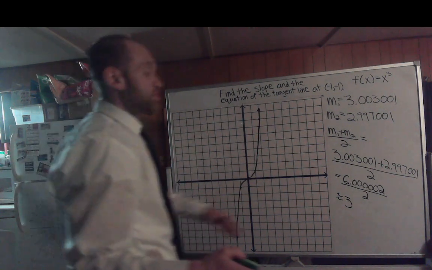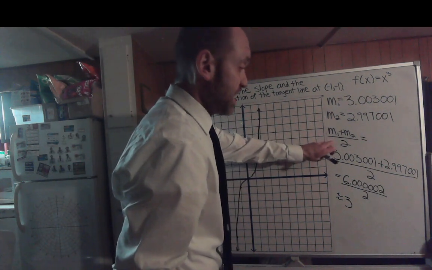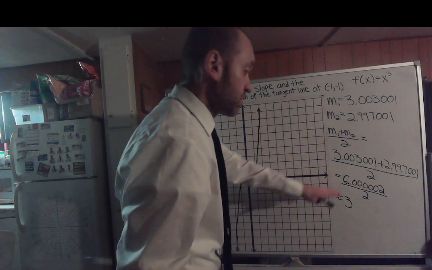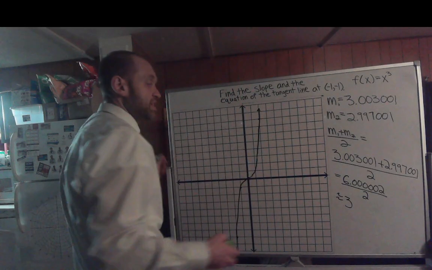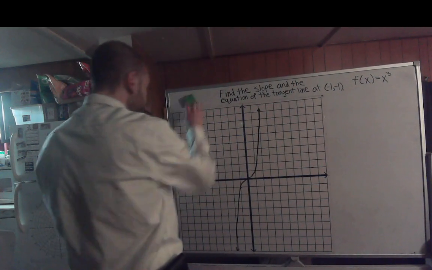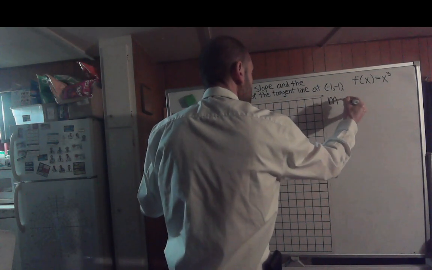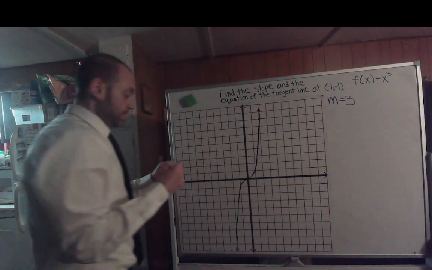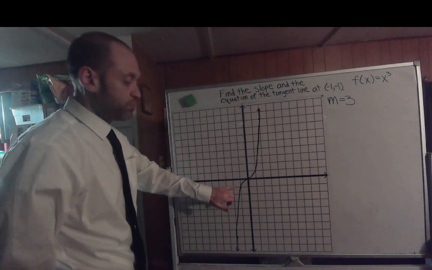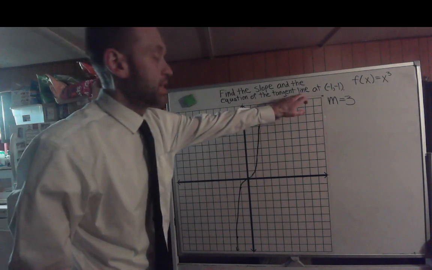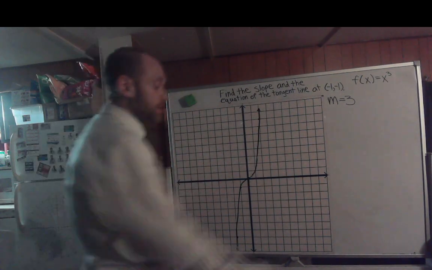So we found sufficient evidence to say, because we've gotten so close, we can say the slope of the tangent line is 3. So the slope of the curve at the point -1, -1 is 3.